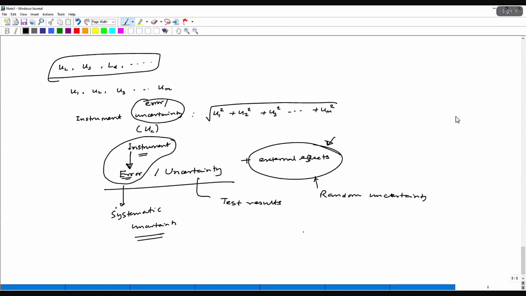Okay, I got your point. That comes under the uncertainty, because that comes under analysis. The method that you use to analyze would also influence your final data. When we talk about propagation of uncertainty, there is the round-off error.